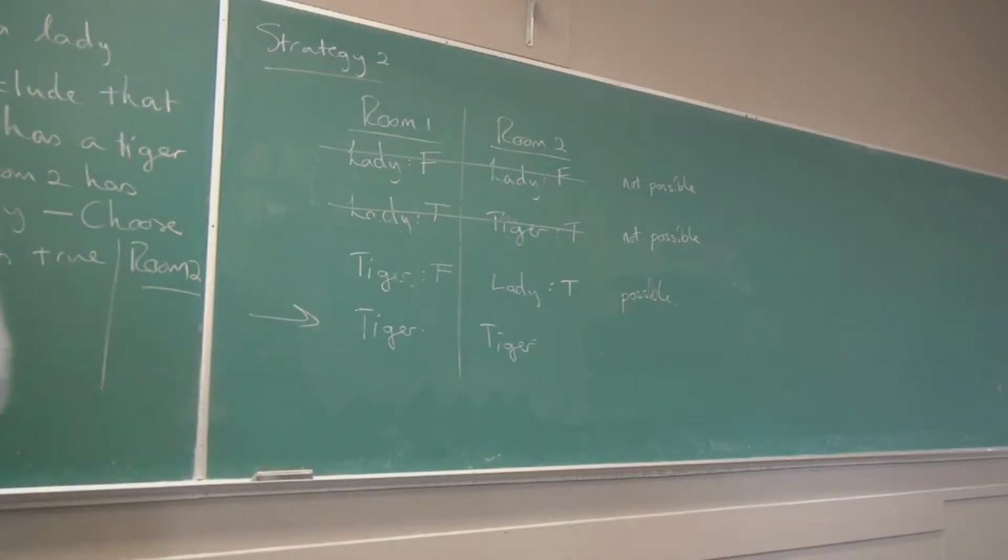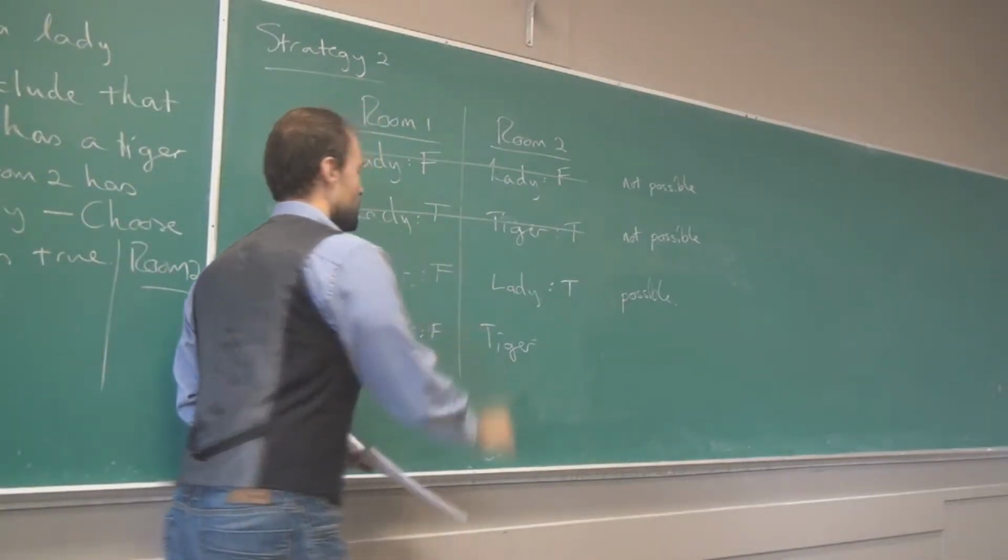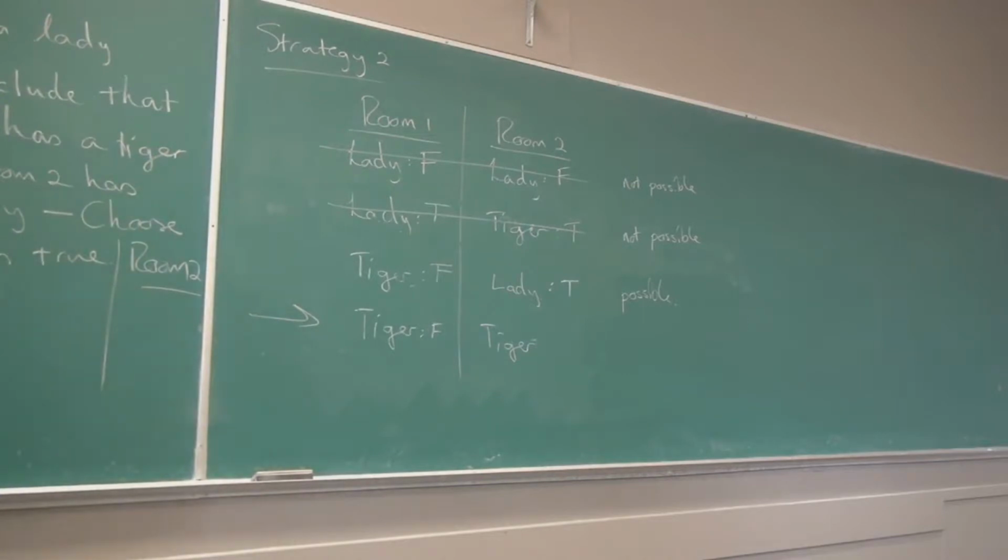Room 1 says, in this room there is a lady, and in the other room there is a tiger. True or false? False. There's no lady in there. Remember, an and statement can only be true if both pieces are true. And it fails right away.